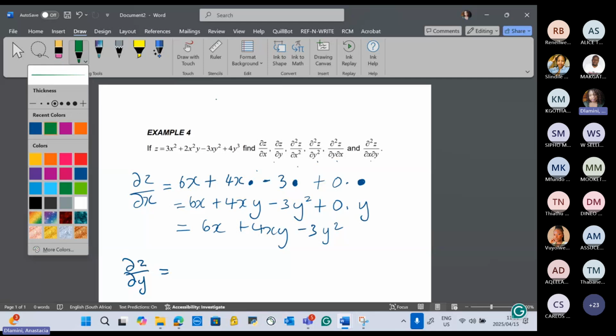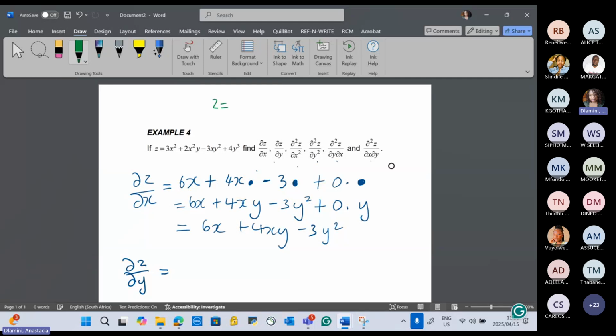So z is equal to, we are dotting the x, so we have 3 dot squared plus 2 dot squared times y, minus 3 dot y squared plus 4y to the power of 3. Are we all together there? Ma'am, what happened to your x? Oh, yeah, never mind. Dot.